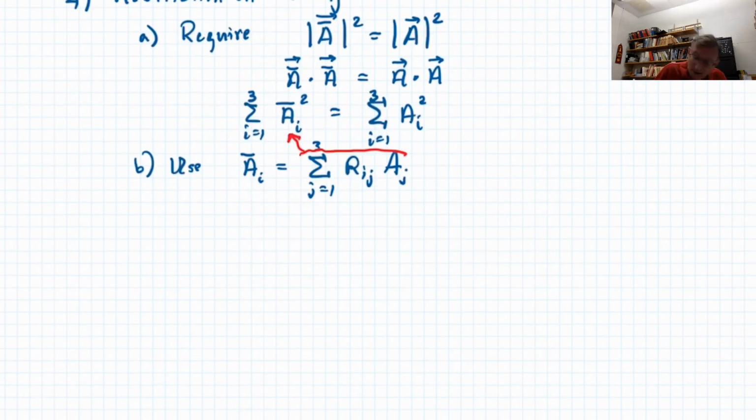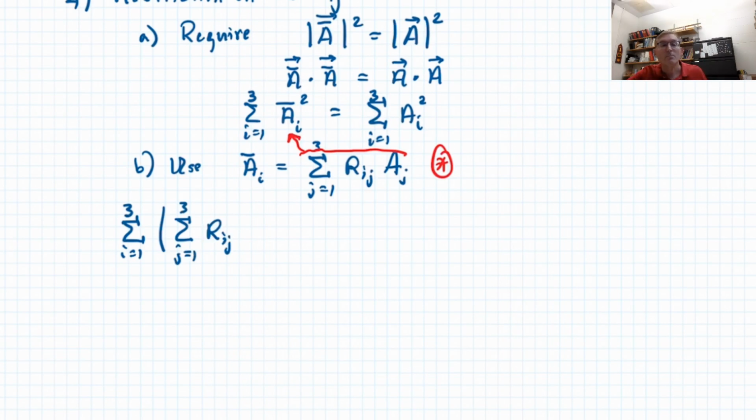So when we do that, on the left we'll have the sum over I going from 1 to 3, and then this expression, the sum over j of R_ij A_j, but I have to do it twice, right? It's squared. So I'll use parentheses for grouping: sum j from 1 to 3 of R_ij A_j, multiplied by itself, because it's squared.